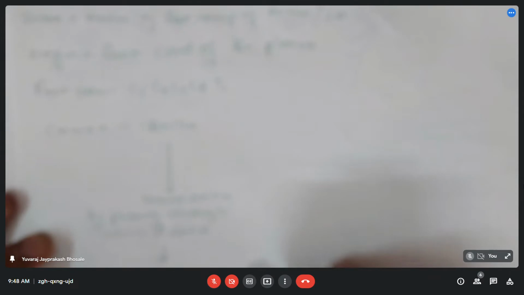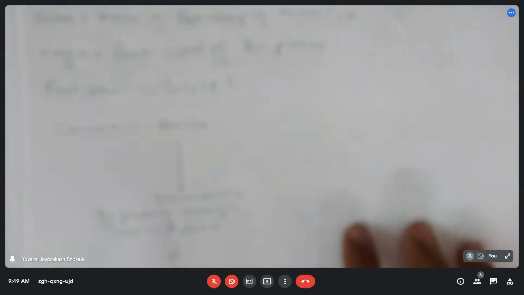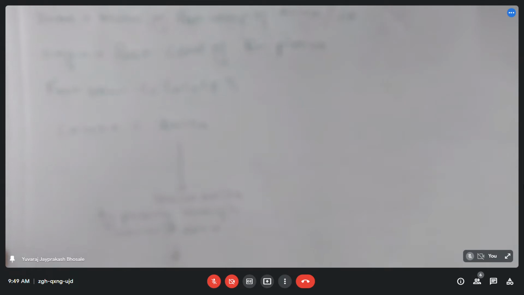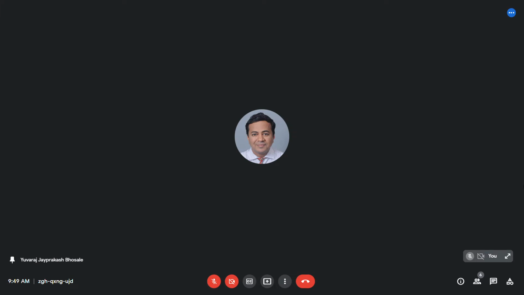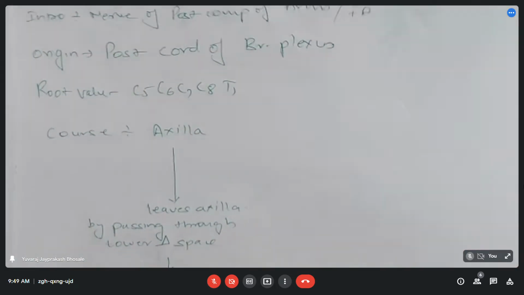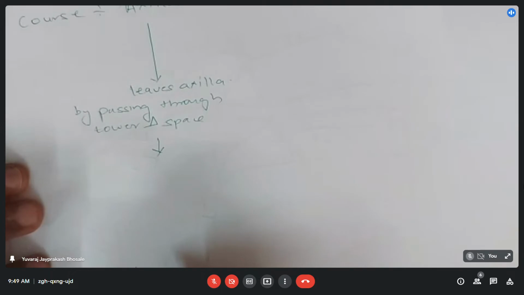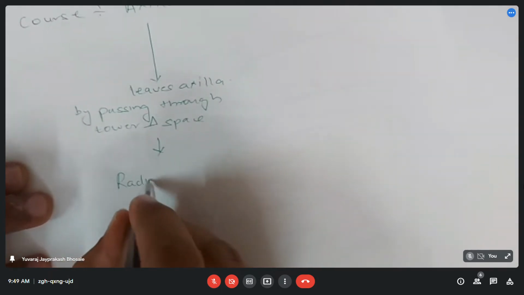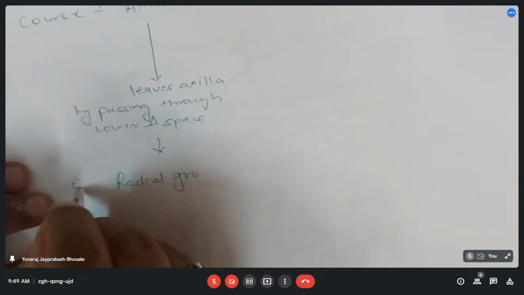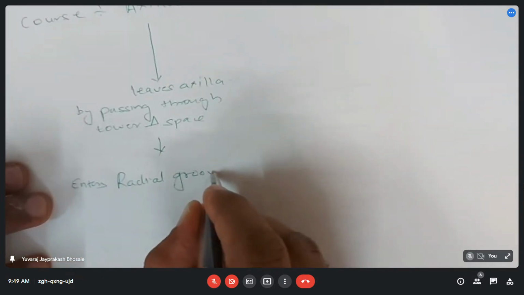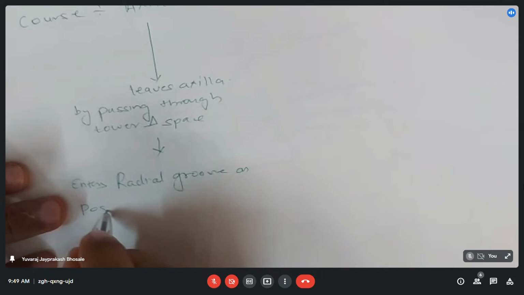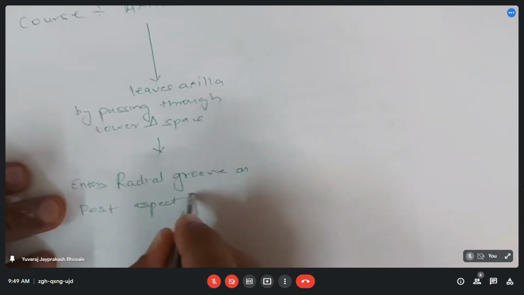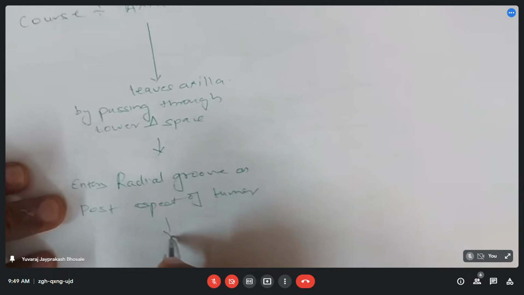Just give me a second, let's adjust the camera. After passing through the lower triangular space, it enters the radial groove on the posterior aspect of the humerus.